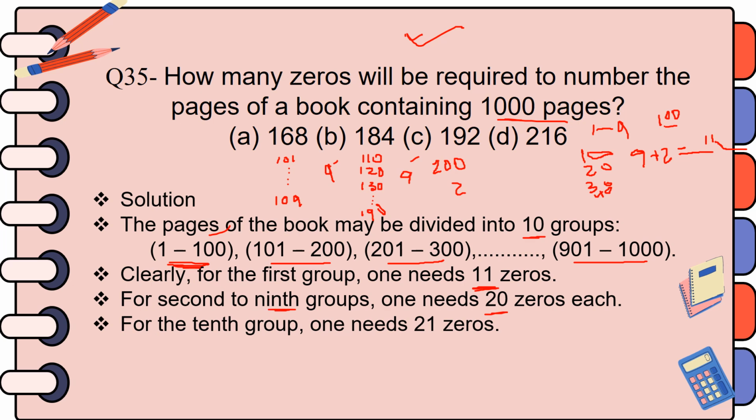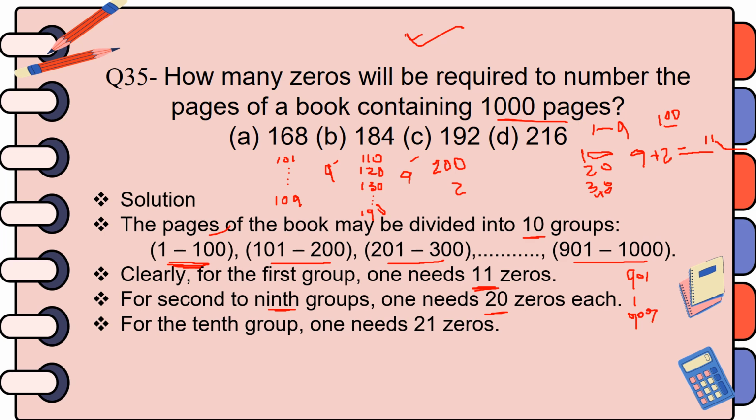Again, the last one is different, and you start from 901. From 901 up to 1000. So from 901 up to 909, there are 9 zeros.